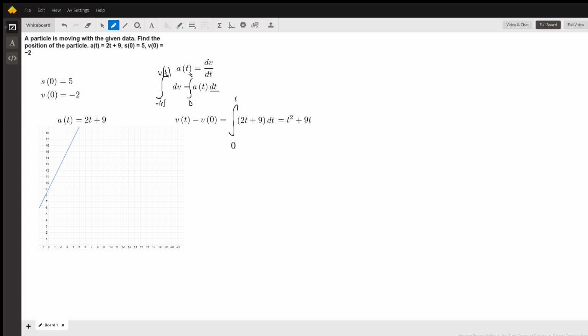So as a final statement, at any time t, the velocity can be described as t squared plus 9t plus v of 0. Some people that I've seen in practice do an indefinite integral and then say, oh, it's a constant of integration, some plus c, and then at time 0 you plug in your values and you can determine it.